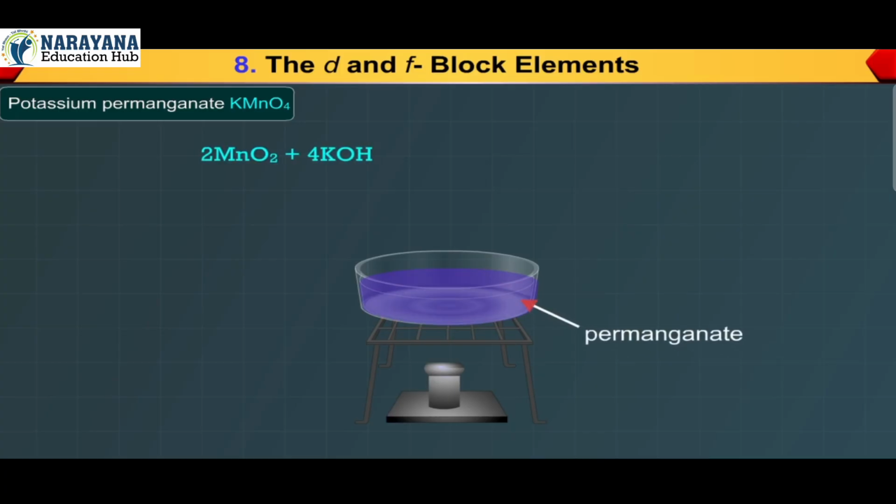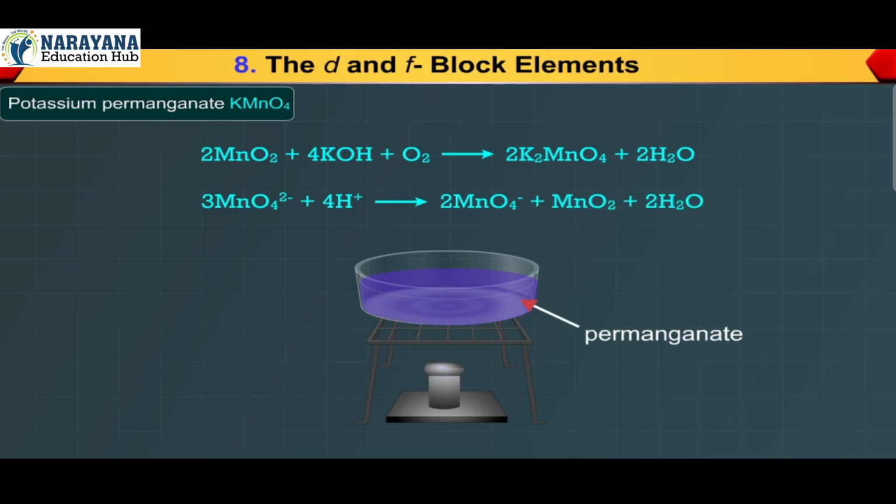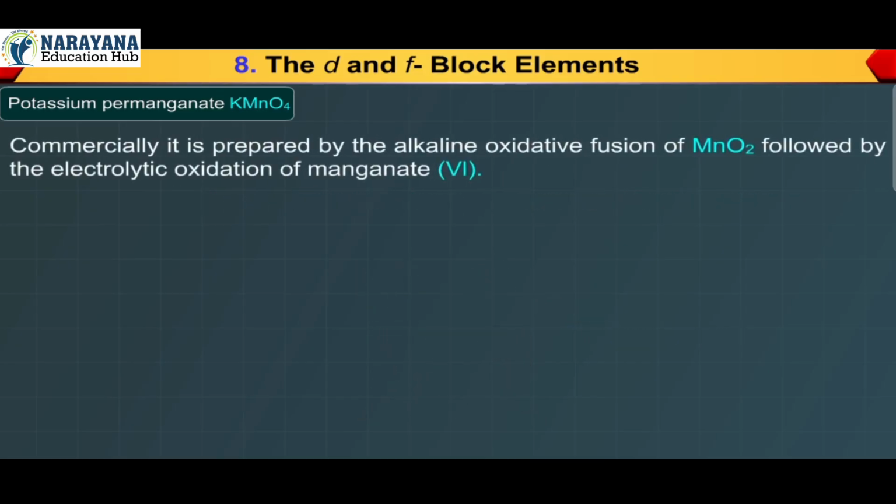2MnO2 + 4KOH + O2 gives 2K2MnO4 + 2H2O. 3MnO4^2- + 4H+ gives 2MnO4- + MnO2 + 2H2O. Commercially, it is prepared by the alkaline oxidative fusion of MnO2 followed by the electrolytic oxidation of manganate(VI).